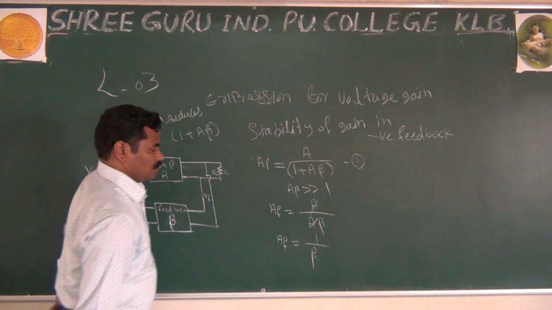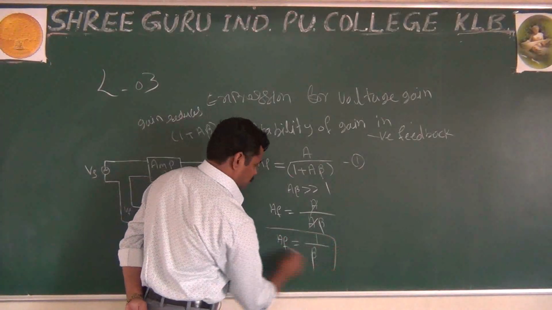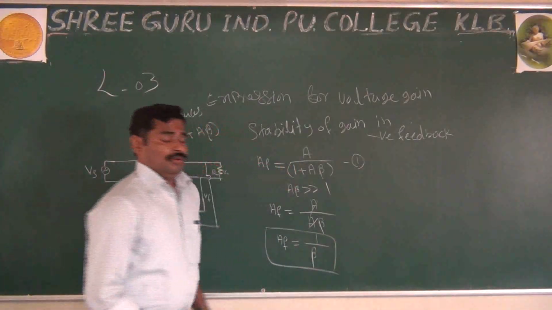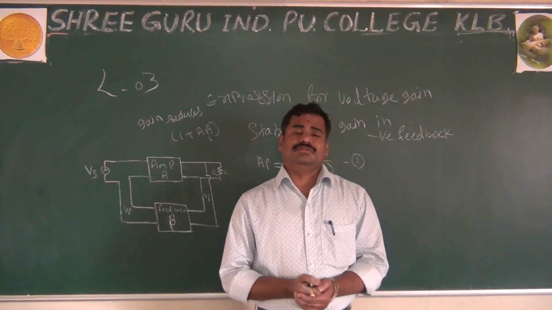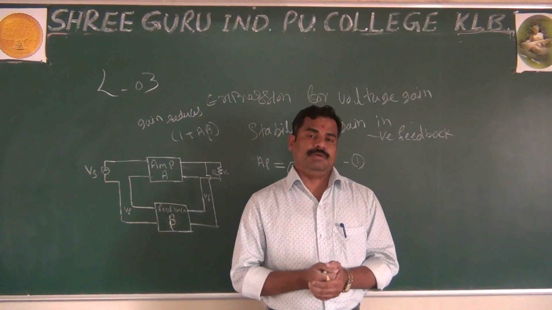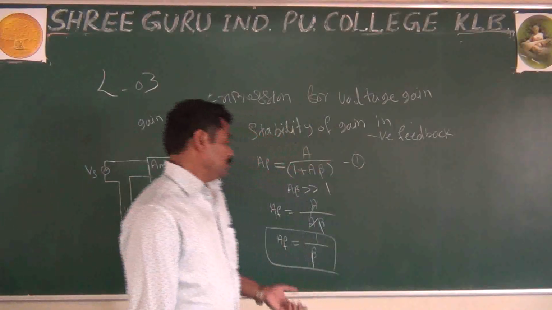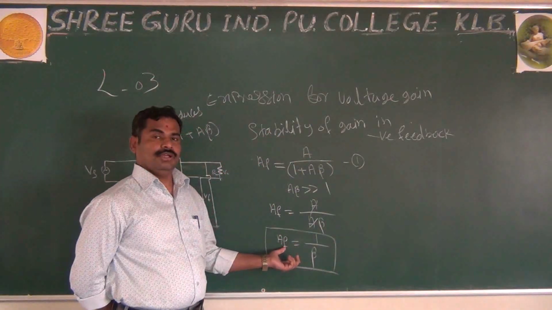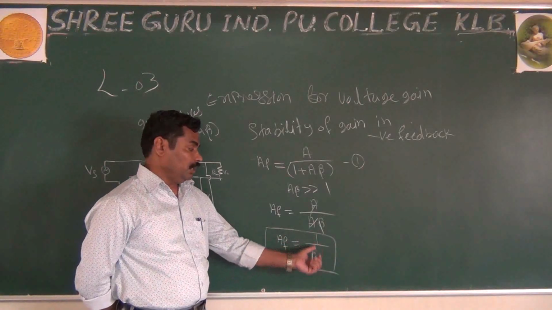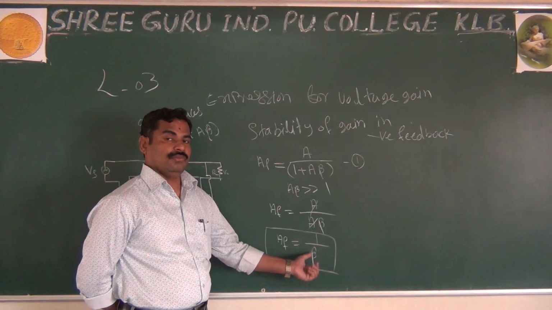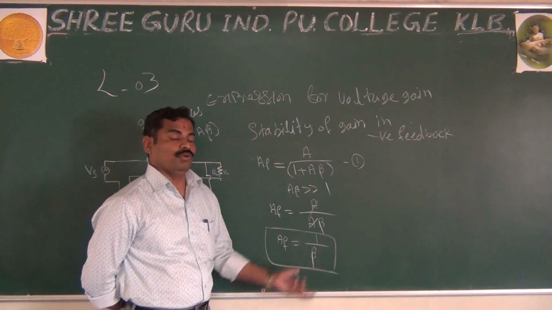Yes, this was one important small thing. Look here, why is the gain stable in negative feedback? Because in this equation, the voltage gain with feedback depends only on beta. What is beta?